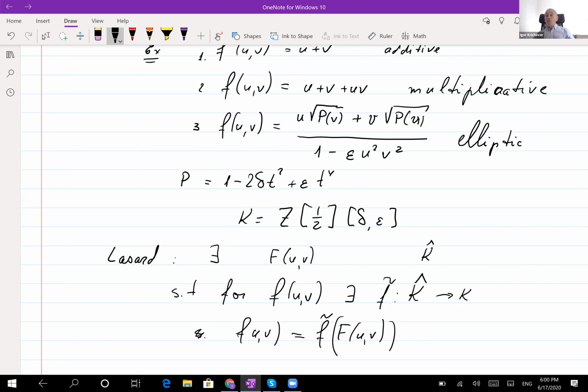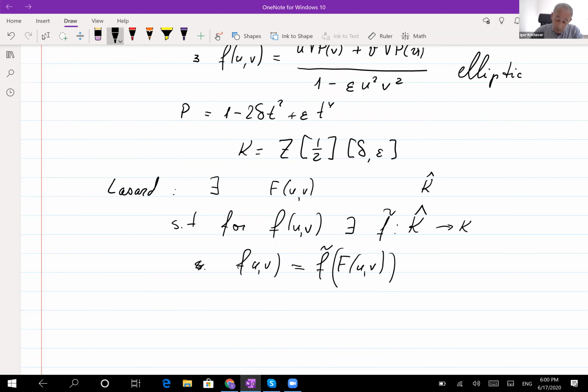First, if you have a formal group and you apply a homomorphism to all coefficients of this group, you will get a new formal group. It's obvious. The statement of Lazard is that there exists a universal group such that any formal groups are classified by the homomorphism of this universal Lazard ring to the ring of your formal group.